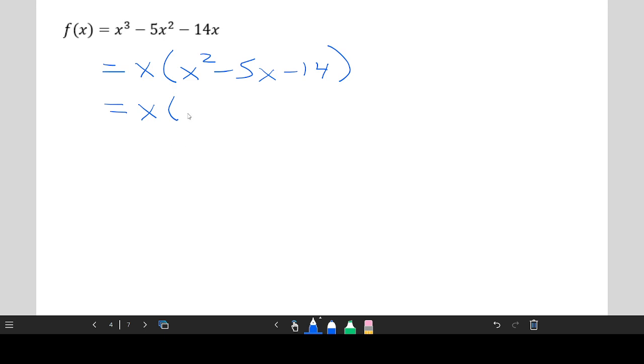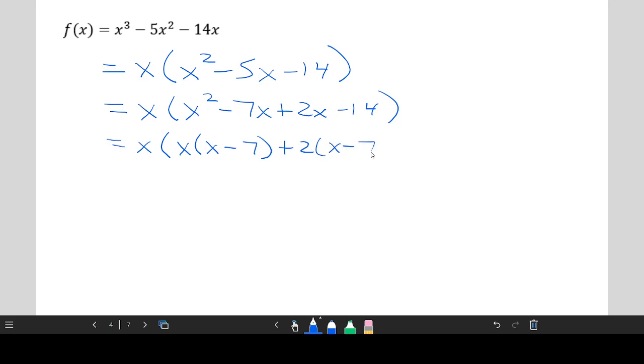We need two numbers that multiply to negative 14 and add to negative 5. So that's going to be negative 7 and positive 2. And so we have x times x minus 7, and we have 2 times x minus 7.